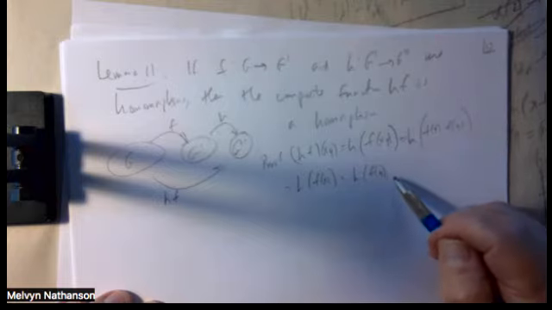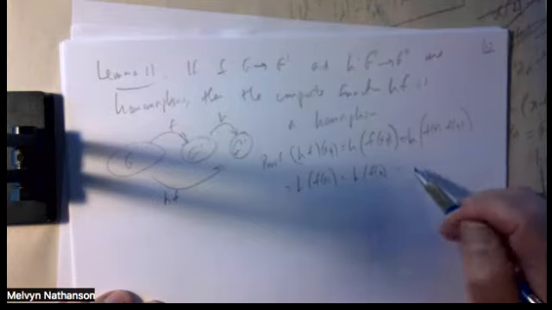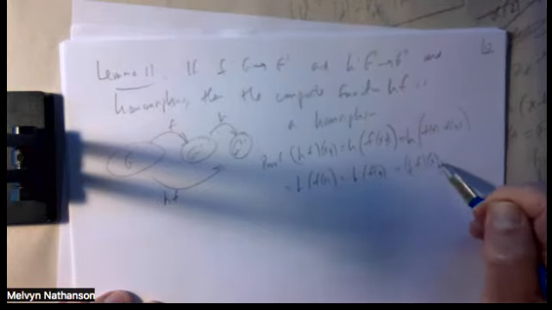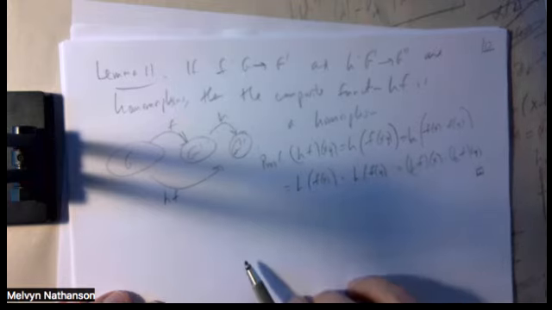And because h is a homomorphism, this is h of f of x times h of f of y. This is hf of x times hf of y. So hf of xy is hf of x times hf of y. So hf is a homomorphism.